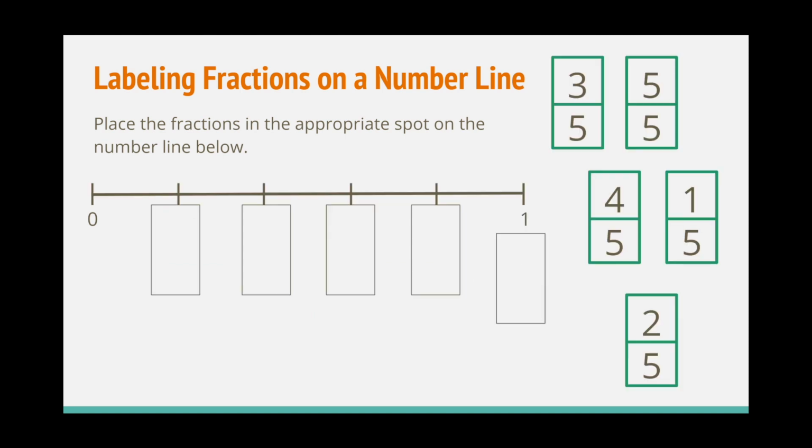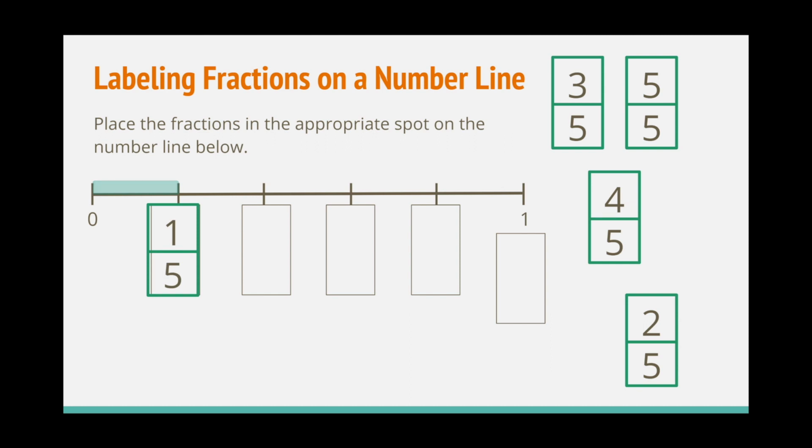This time we're going to do fifths. So that means there are 5 equal parts on this number line. The first part, because there's 1 part colored in green, is going to be 1 out of 5 parts. So this is 1/5. Now, if we have 2 parts colored in, can you figure out what that is?